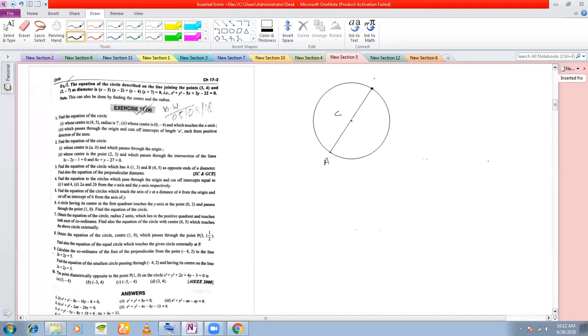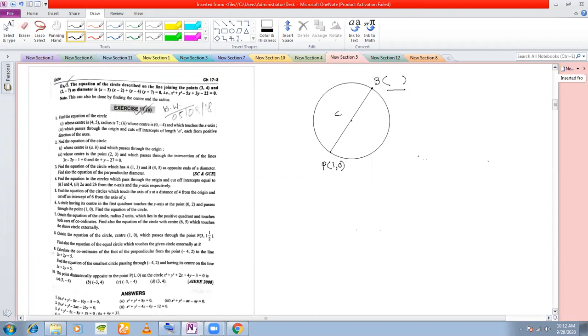So if I have the point B here, then this point is diametrically opposite to A, or we also say A is diametrically opposite to B. So the point diametrically opposite to the point P(1, 0), let us say this point is P, on the circle. So we have to find out the coordinates of B. These are given as your four options.